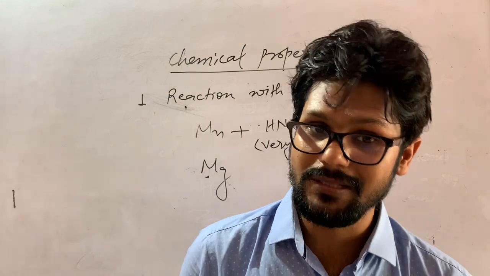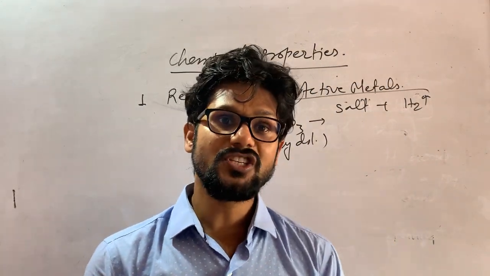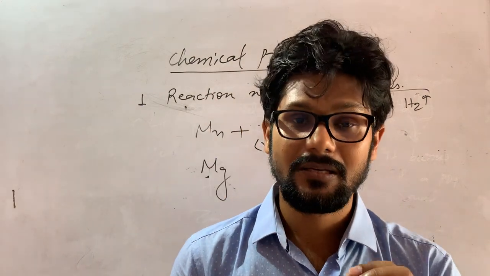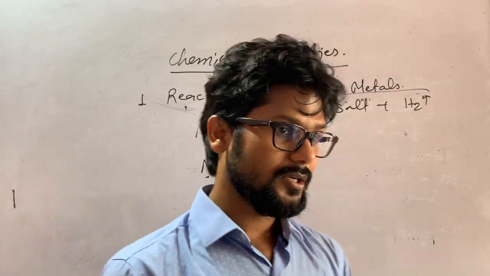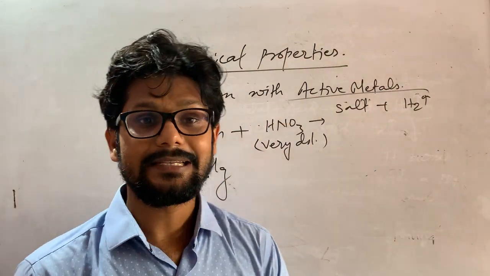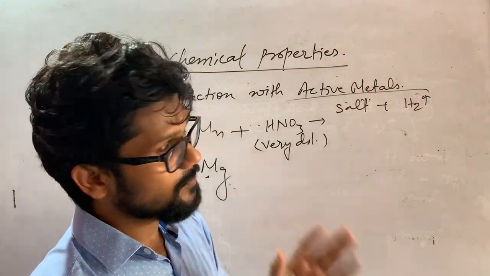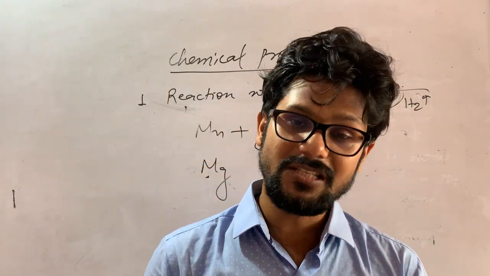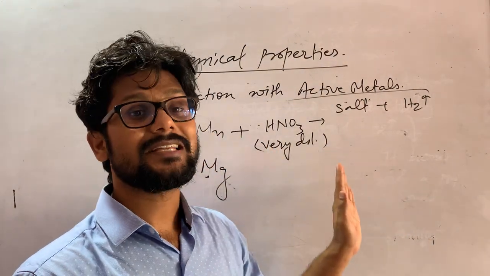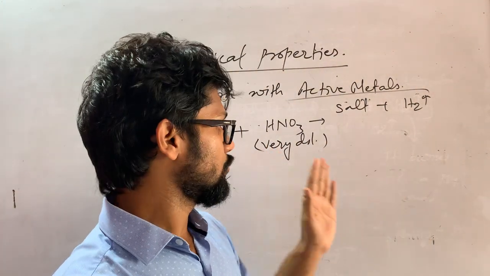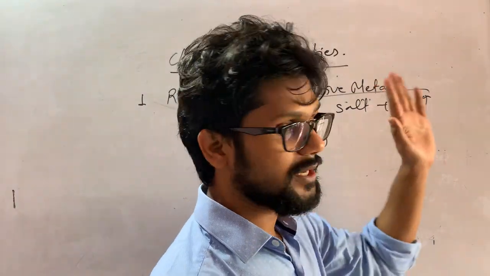Once again, you must remember, if the question is asked which metals react with very dilute nitric acid and give hydrogen gas, the answer will be manganese or magnesium. Or the question can come, which gas is produced when manganese or magnesium reacts with very dilute nitric acid, so the answer will be hydrogen gas.